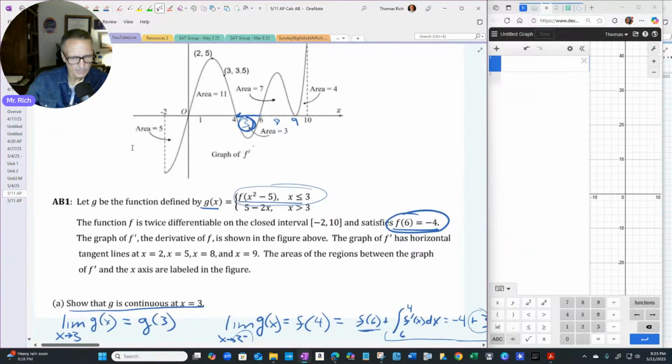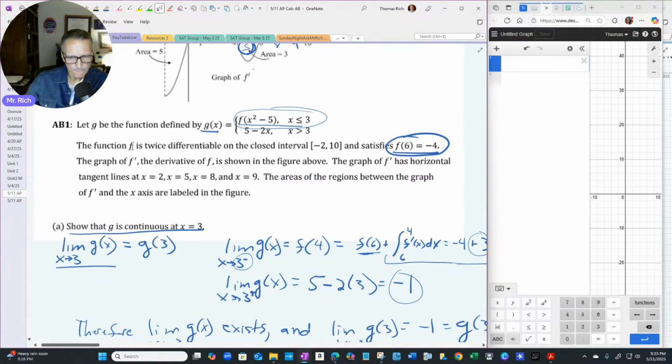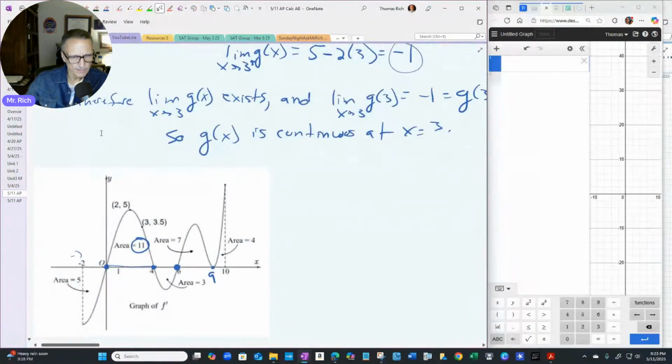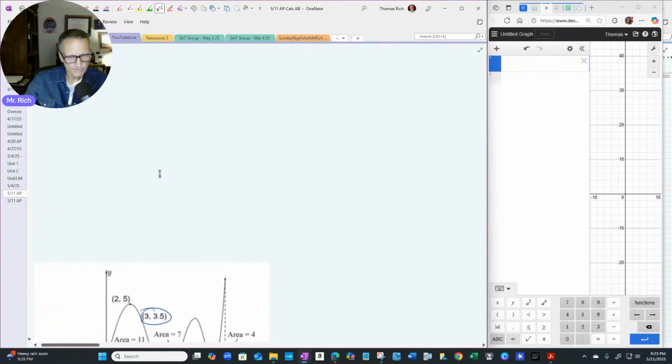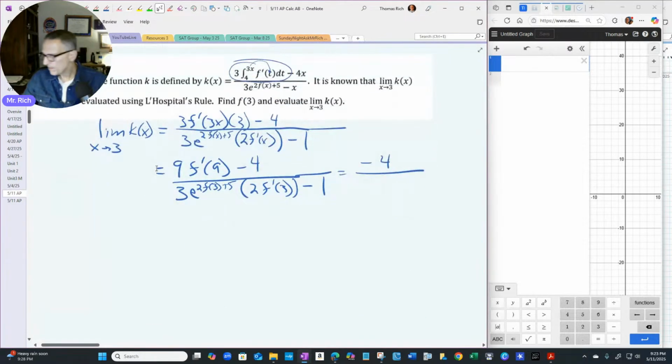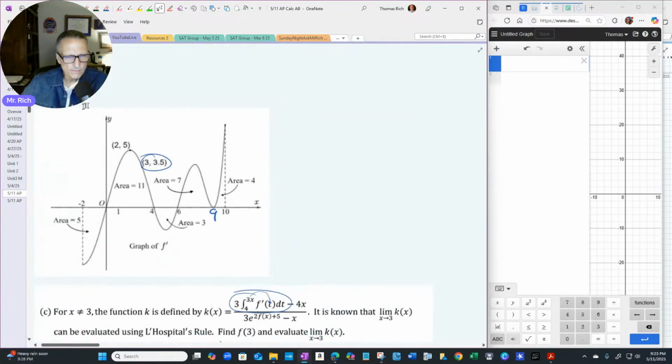There has to be a way to get f of 3. And I don't see it right offhand, even though I know f prime is 3.5, because we can't really evaluate that. All right, if anybody sees a way to get f of 3, I'm looking.